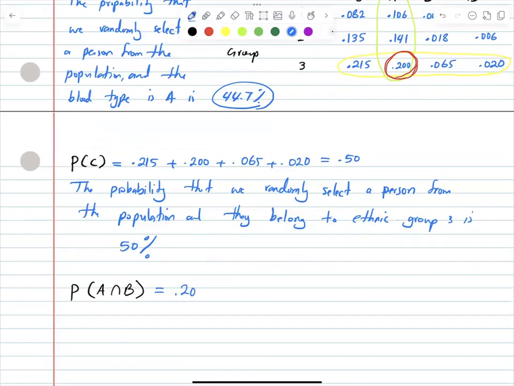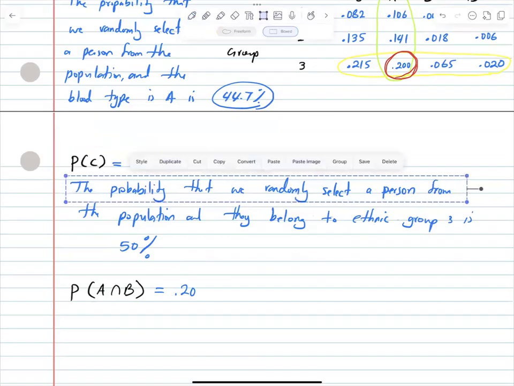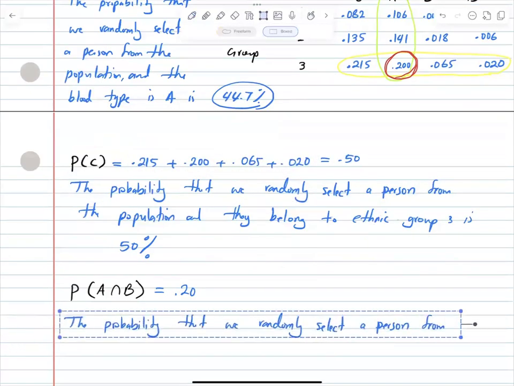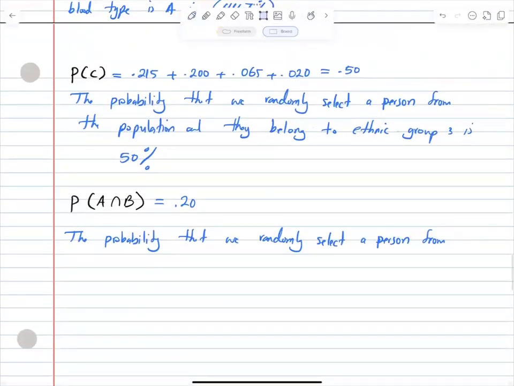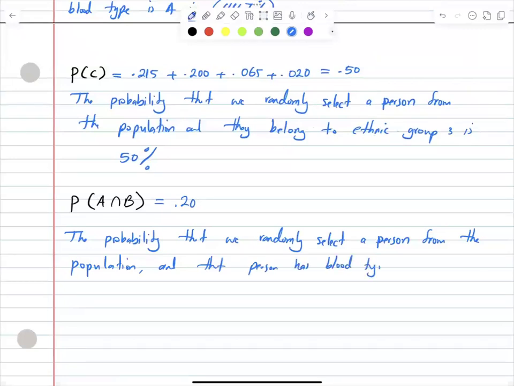So the same argument: the probability that we randomly select a person from the population and that person has blood type A and belongs to ethnic group 3 is 20%.